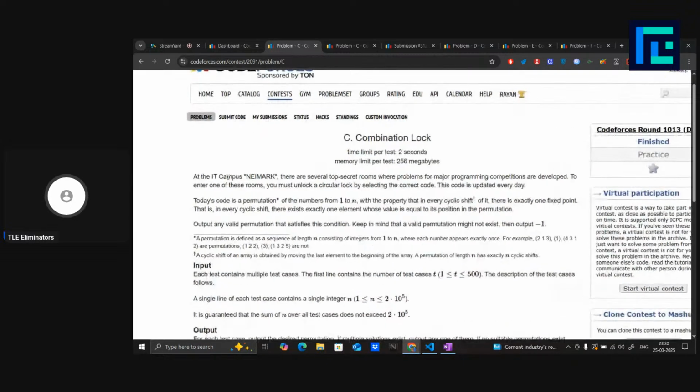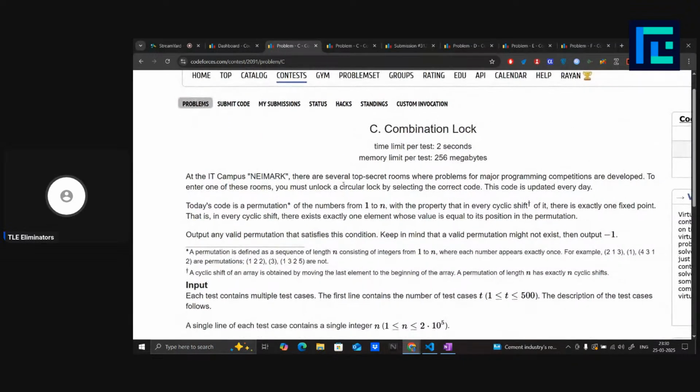At the IIT campus, Nemark, there are several top secret rooms where problems for major programming competitions are developed. To enter one of these rooms, you must unlock the circular lock by selecting the correct code. This code is updated every day. Today's code is a permutation of the numbers from 1 to n with the property that in every cyclic shift of it, there is exactly one fixed point.